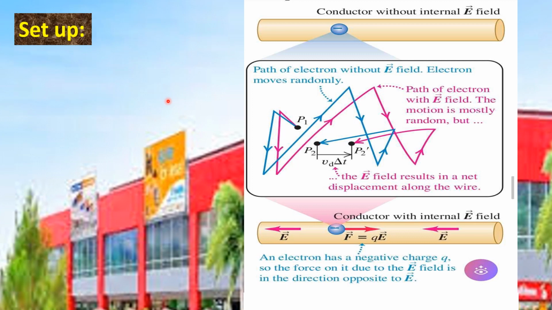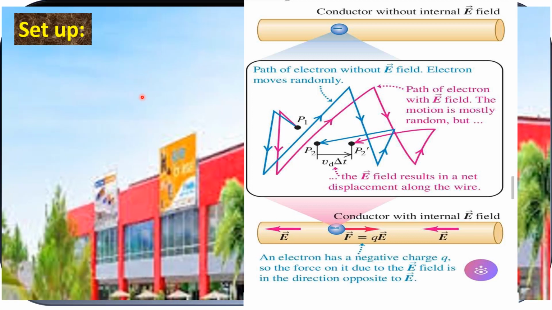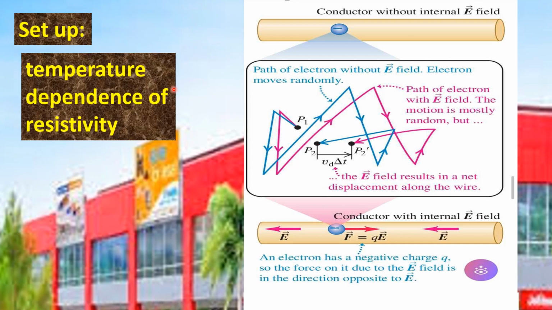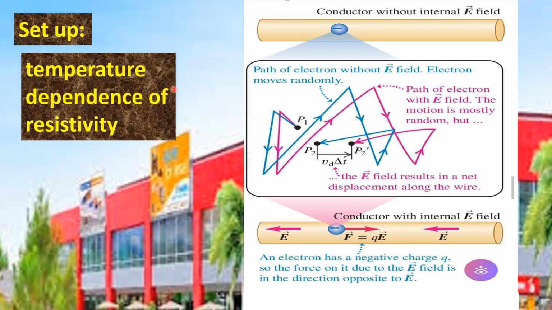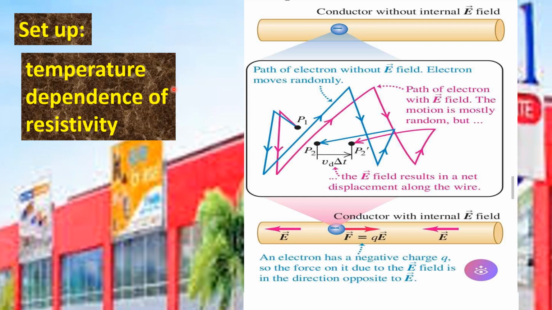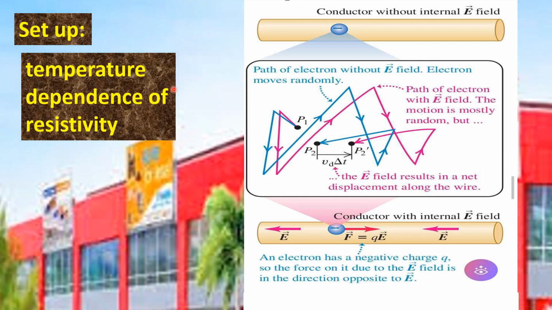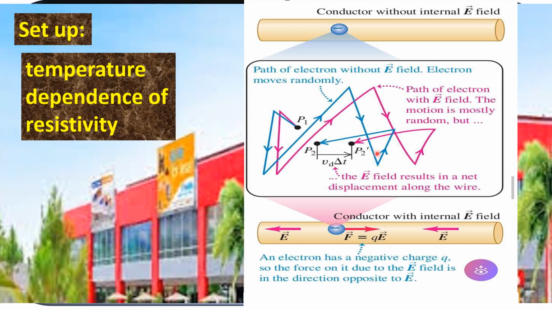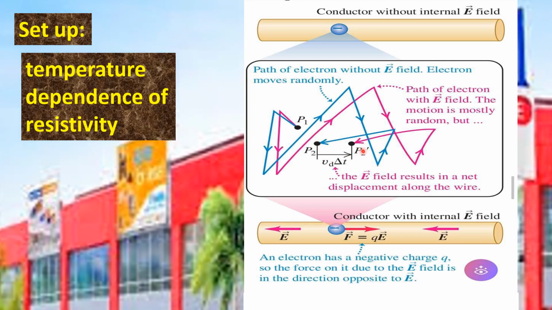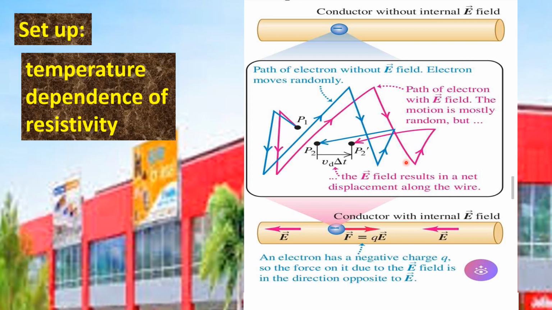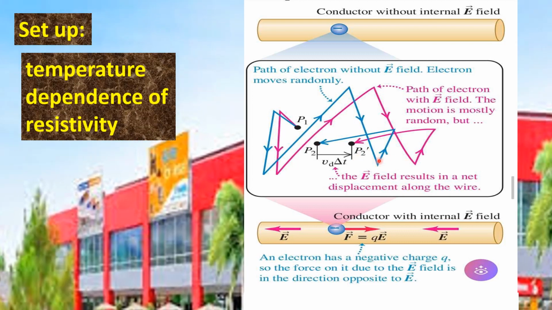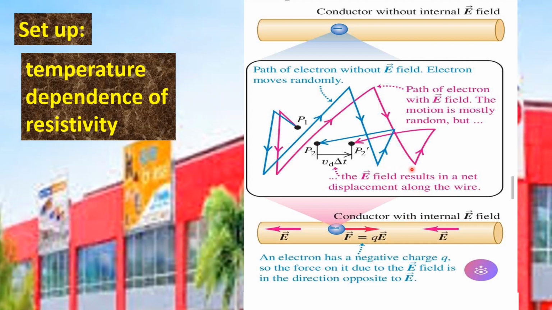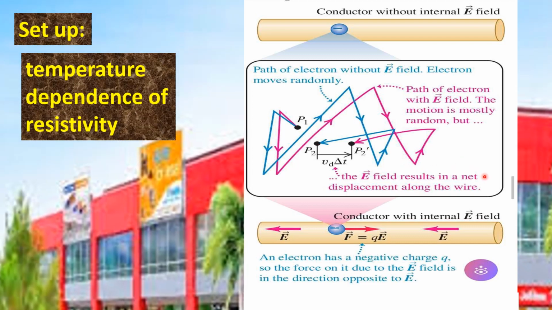The resistivities of most metallic conductors are said to be temperature dependent. As the temperature increases, the ions of the conductor vibrate with greater amplitude, making it more likely that a moving electron will collide with an ion as shown in this figure.